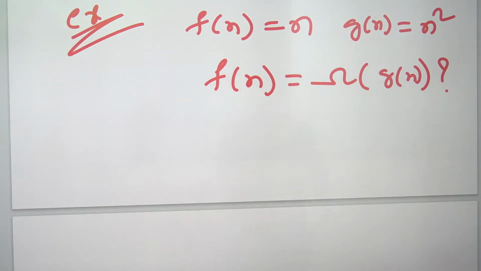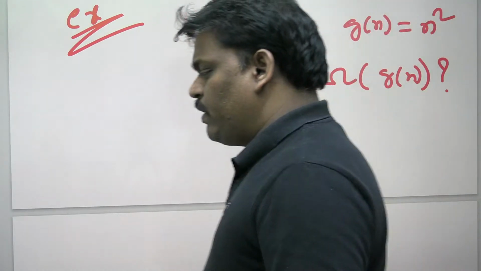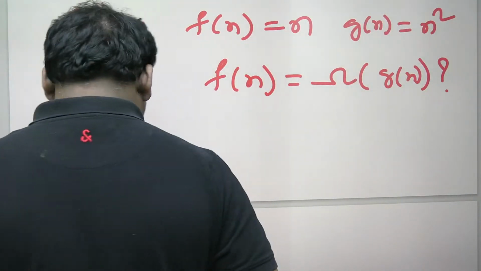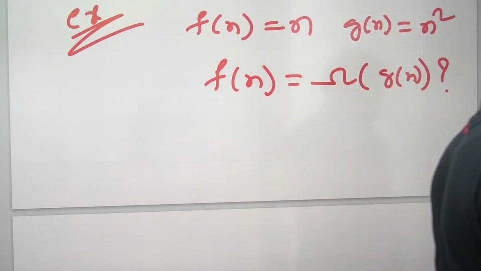F of n is n, g of n is n square. F of n is omega of g of n. Can you prove it?